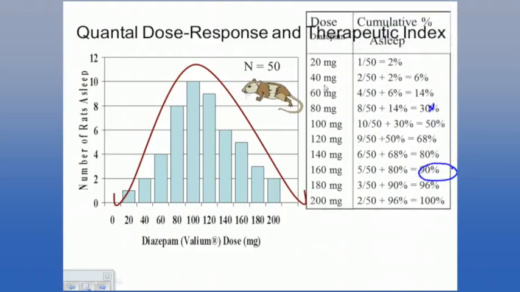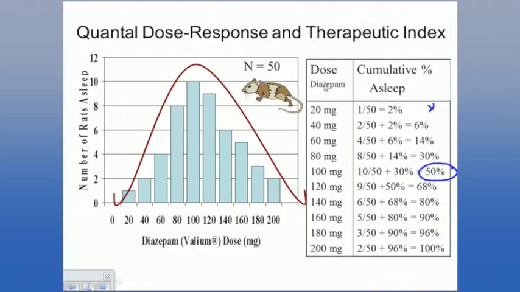But the assessment is what's called a cumulative percent asleep. So in the schema on the right-hand side of this graph, you'll see incremental doses of 20 milligrams up to 200 milligrams. And what you're essentially doing is calculating at each dose the incremental number of animals who are asleep. So this is the efficacy piece.